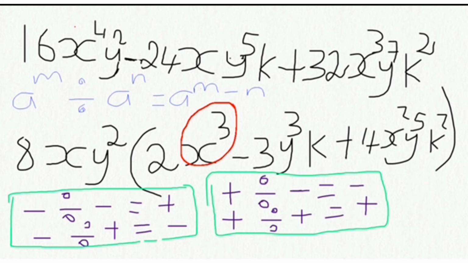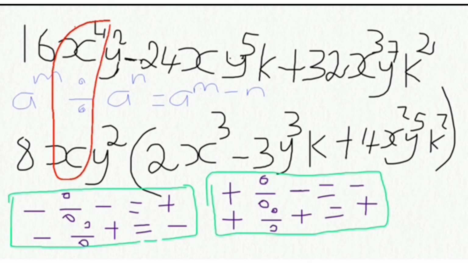Are we together? x to the power 4 divided by x to the power 1, the answer is x to the power 3, because we just write one base, which is x, and then we subtract the indices: 4 minus 1, there's a power 1 here.